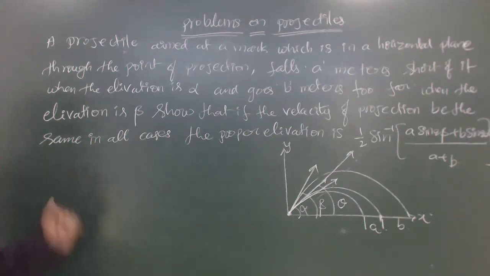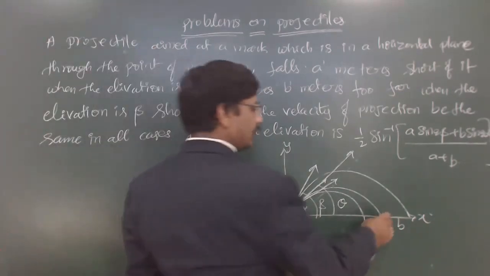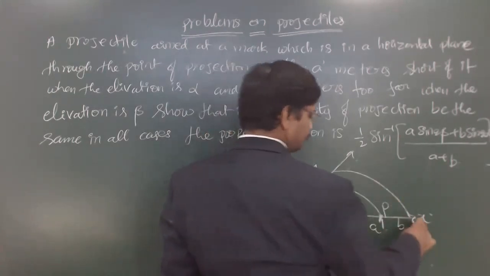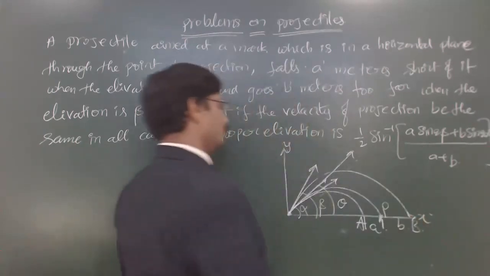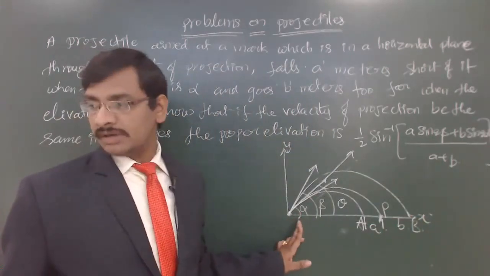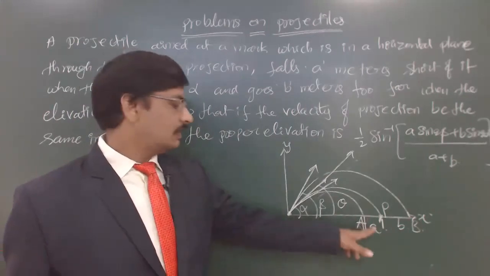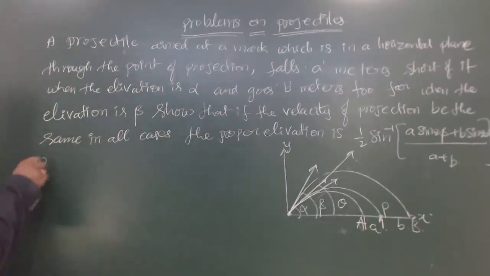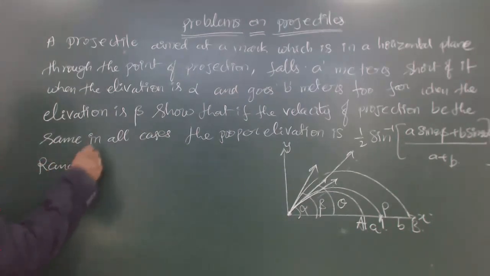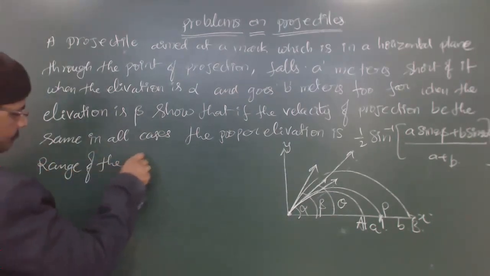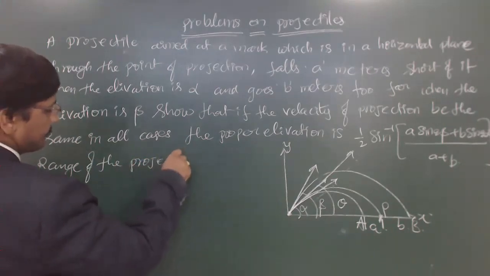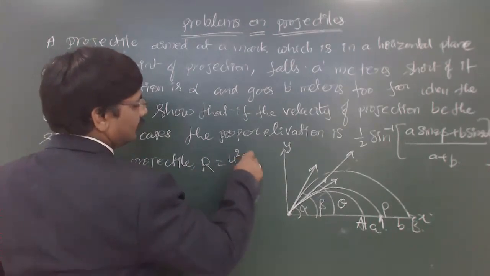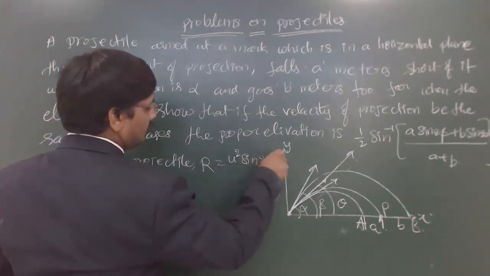Okay, so let me solve this. See this, he is targeting this location, let us say P. Then this is A and this is B. The angle of elevation initially was alpha, where it is falling short by a distance of A. Now the range of the projectile is given by R equals u square sine 2 alpha by g.